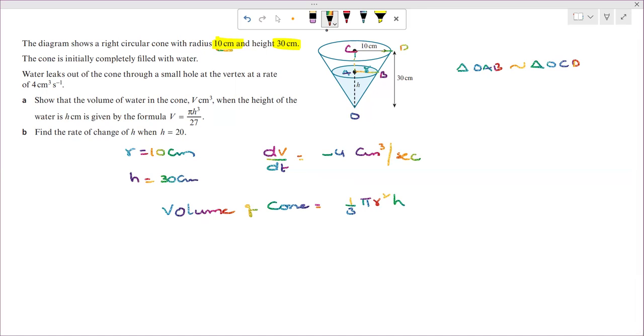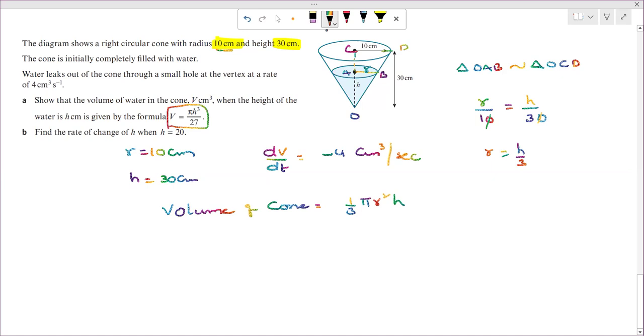So the small cone radius r over the bigger cone radius 10 equals the small cone height h over the bigger cone height 30. The 0 gets cancelled, so r equals h by 3. We have to get it in terms of h only.